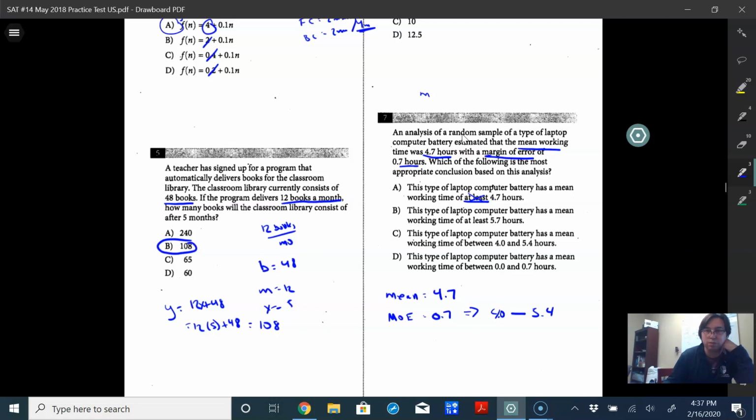That's definitely not right, because that's well outside the mean, as we established it's somewhere between 4 and 5.4, so not it. This type of laptop computer has a mean working time between 4 and 5.4 hours. Yes. And this one here has a mean working time of 0. So that's definitely wrong. So answer choice 7, C, talking about the margin of error here.